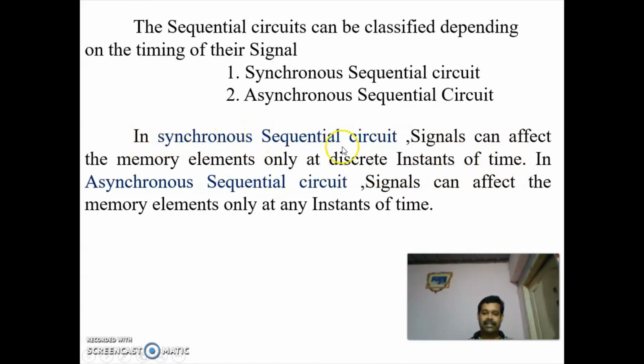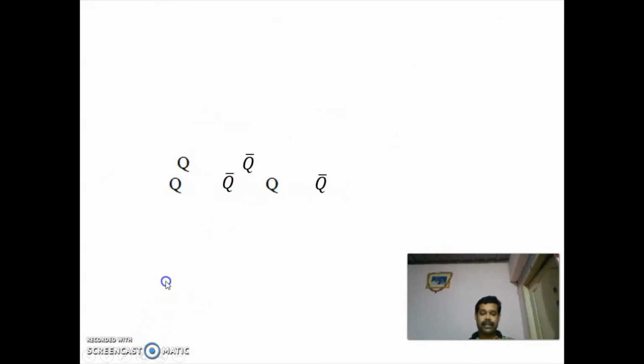But in the case of asynchronous sequential circuit, the signal can affect the memory elements at any instant of time. This is a major difference between synchronous and asynchronous sequential circuits.